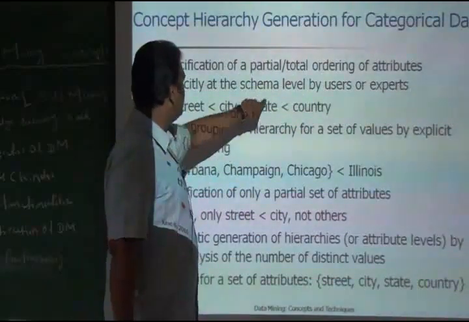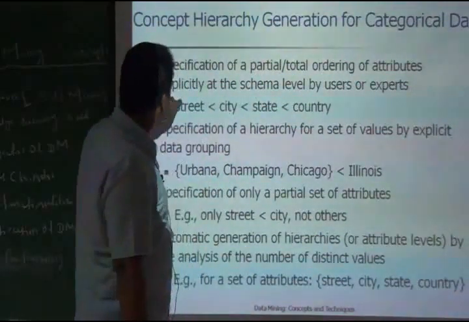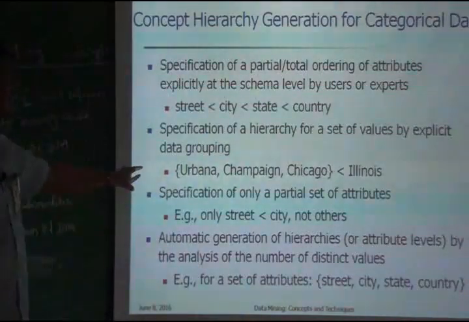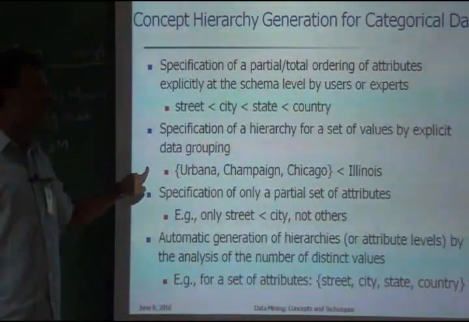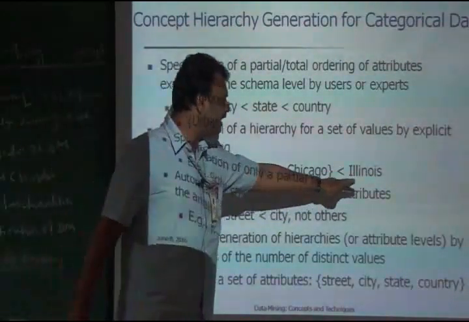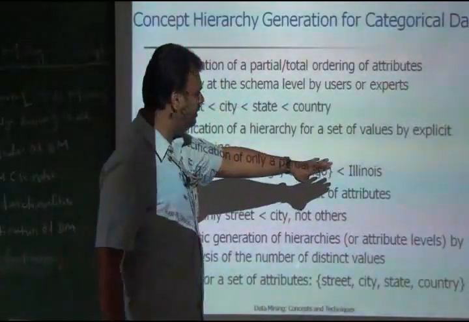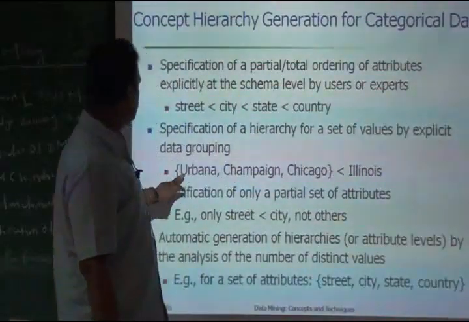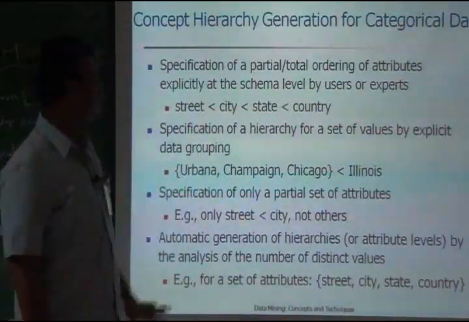Country can be replaced by state; the lower-level concept can be replaced by the higher-level value. Country can be replaced by state, state by city, city by street. The second one is the specification of a hierarchy for a set of values by explicit data grouping. The higher-level value Illinois includes Urbana, Champaign and Chicago.